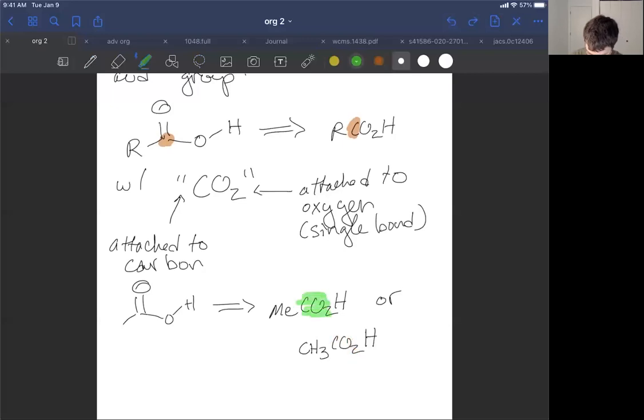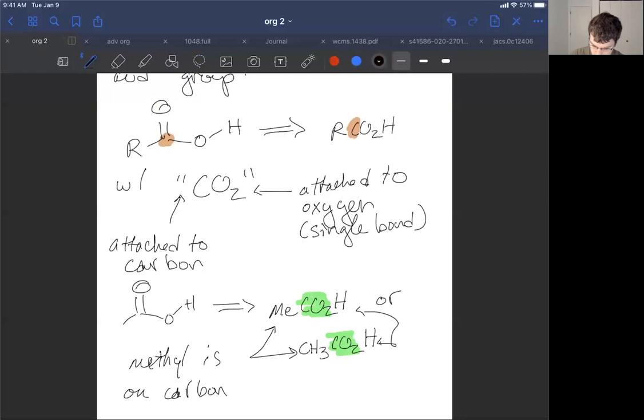Here is the carboxyl group. Now this says that the methyl is on carbon, and the H is on oxygen. So the methyl is on carbon, the H is on oxygen. That's what that shorthand refers to.